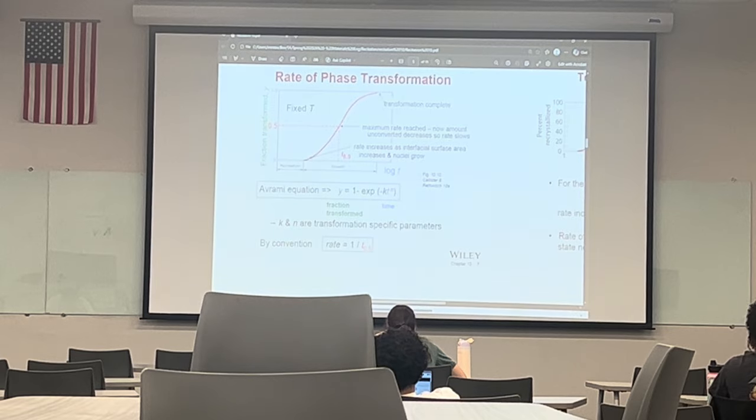Here we can see this is the fraction transformed, and this is the time. And the rate is 1 over the time when half of our material, the phase, transforms into the new phase.